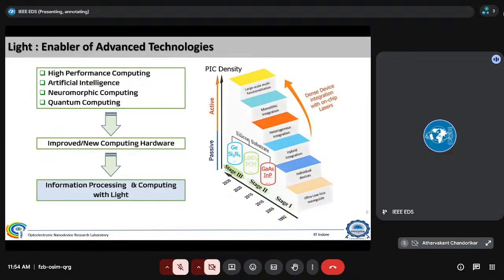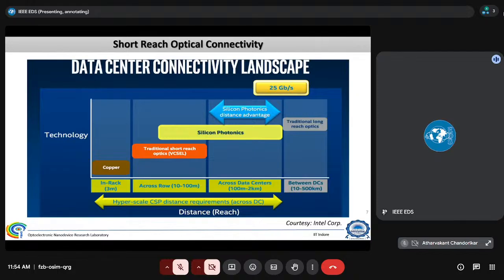They want to have passive and active devices and then systems which can do optical processing of information.